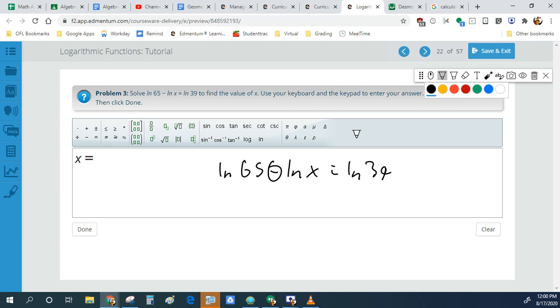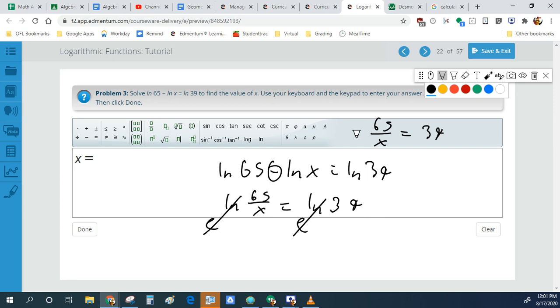So since there's a negative here, this is going to be ln of 65 divided by x equals ln of 39. I need to get rid of this ln, so I'm going to raise it to the power of e. That cancels this out. So now I have 65 over x equals 39.